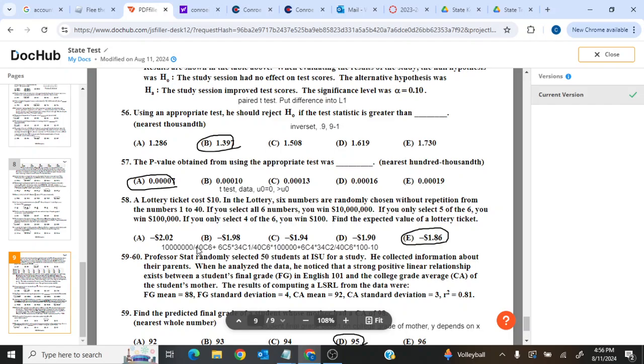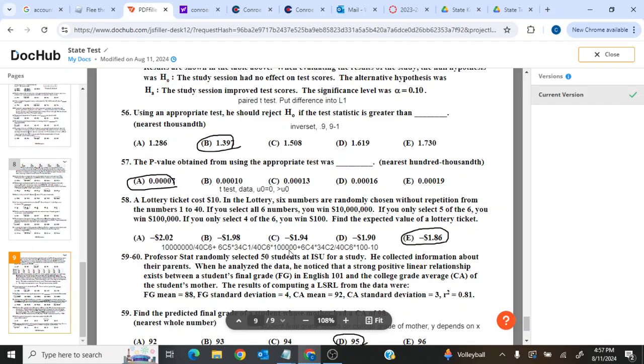Then, once you have that, you need to figure out the probability that they select 5 out of 6 numbers. Well, there are 6 combination 5 ways you can select 5 of the 6 winning numbers. And then there are 34 combination 1 ways you can select one of the 34 losing numbers. Once again, 40 combination 6 ways you can select all the numbers.